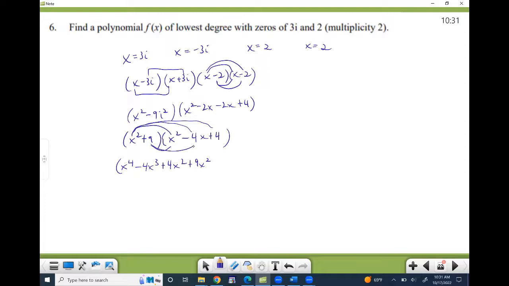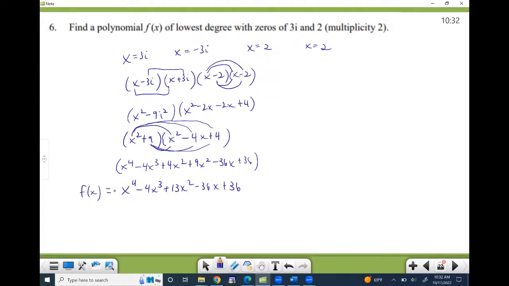All right, negative 36 and positive 36. All right, so we got x to the 4th minus 4x cubed plus 13x squared minus 36x plus 36. And we're going to call that our f of x.